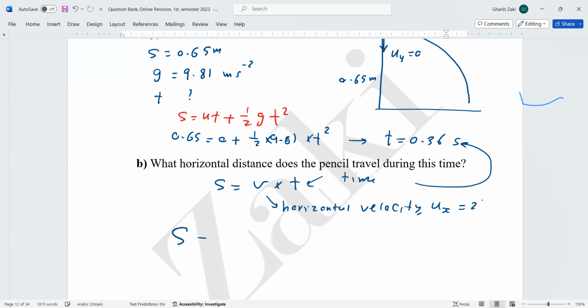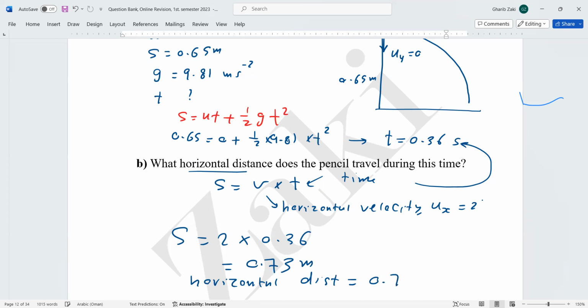Then s equals 2 multiplied by 0.36, and the answer is 0.73 meter. So the horizontal distance equals 0.73 meter. Question?